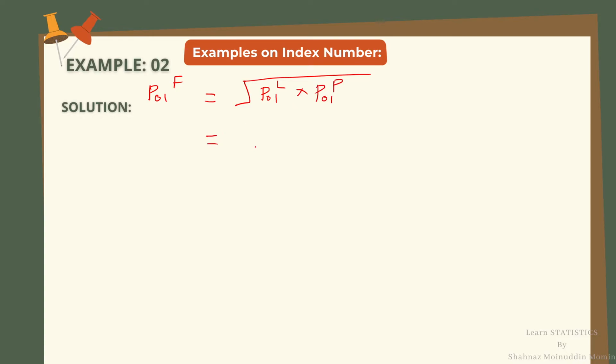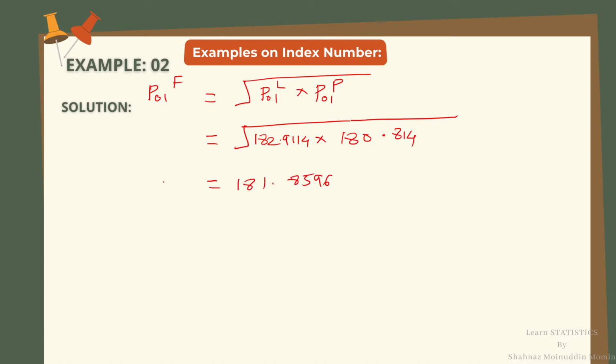By substituting the values of P01L and P01P, we get under root 182.9114 multiplied by 180.814, which is equal to 181.8596. This is the Fisher's price index number.